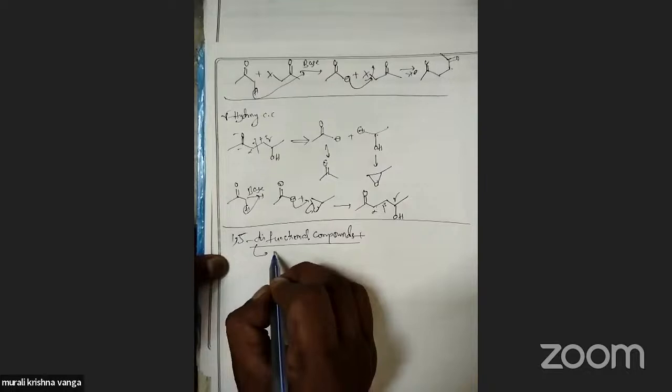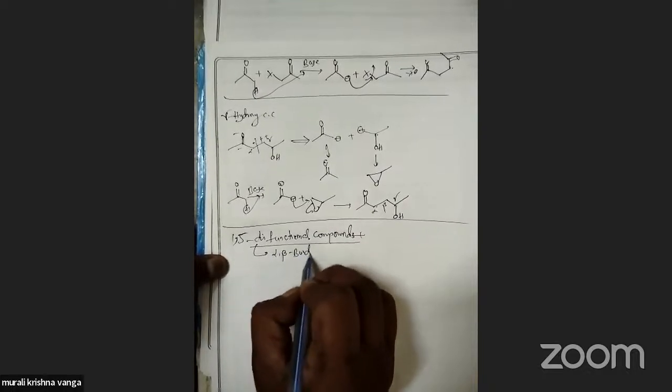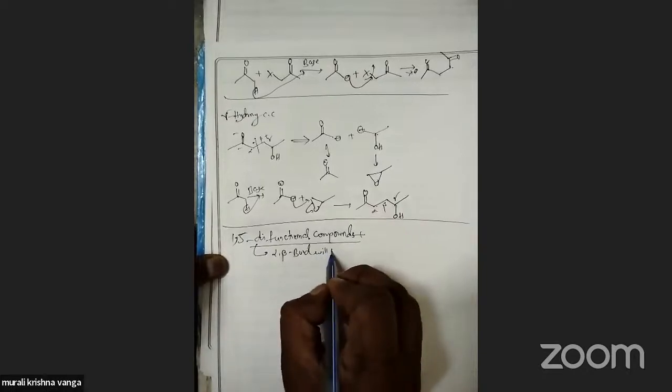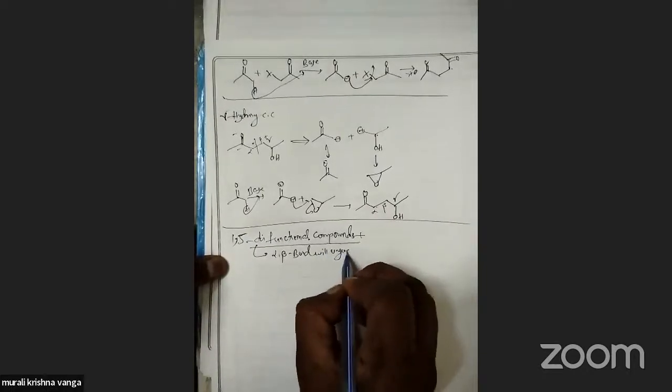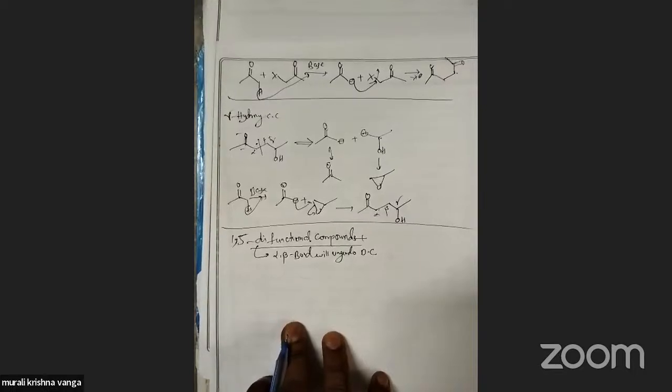In a 1,5 difunctional compound, the alpha beta bond will undergo disconnection. Okay, this is a trick for 1,5 difunctional compounds: the alpha beta bond undergoes disconnection.